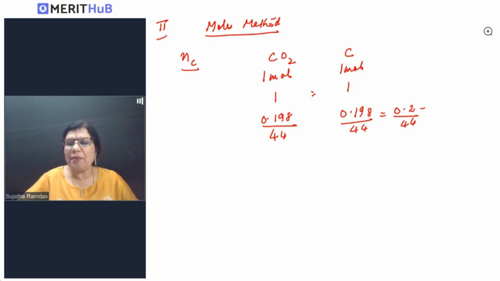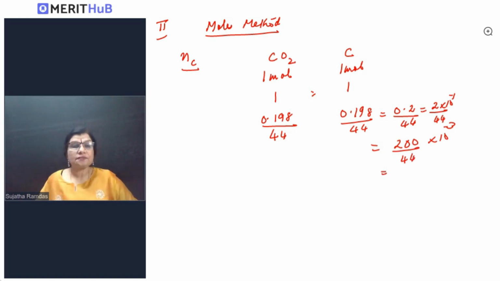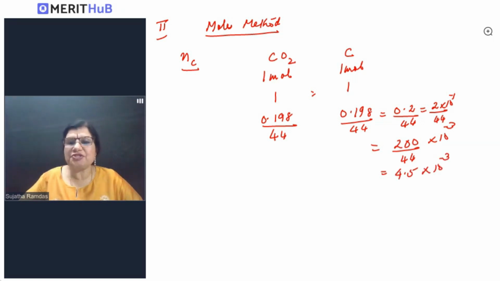Now 0.2 by 44 would be approximately 2 into 10 to the power of minus 1 by 44, or we can simplify it further by writing 200 into 10 to the power of minus 3 by 44. This will be approximately 4.5 into 10 to the power of minus 3. So in this manner, you find out the number of moles of carbon atoms.